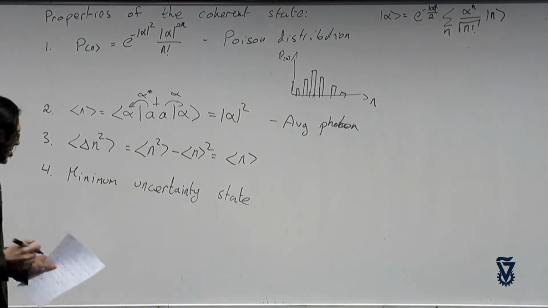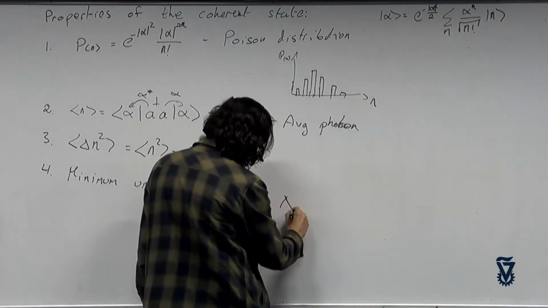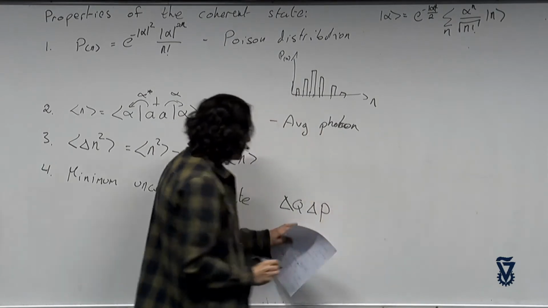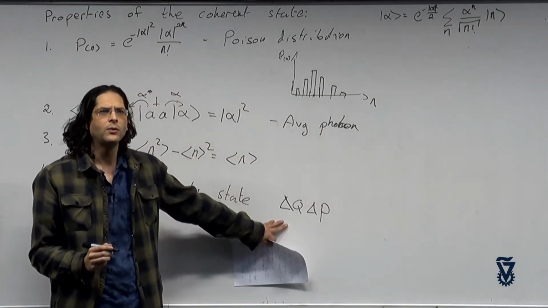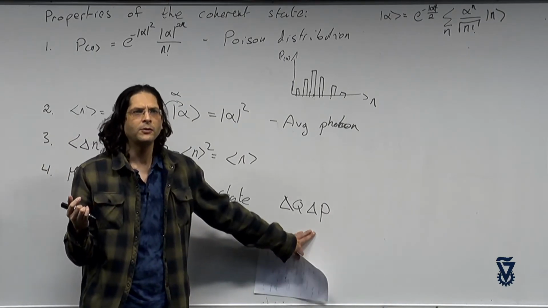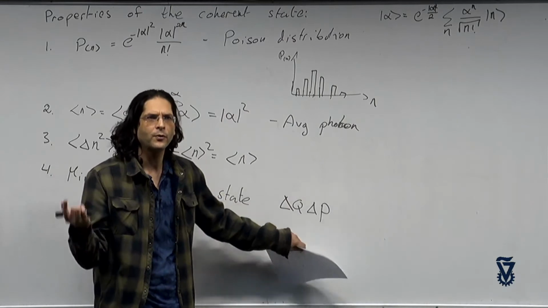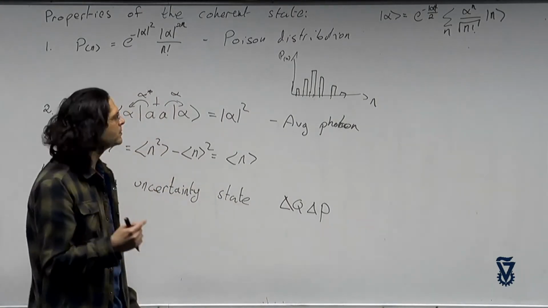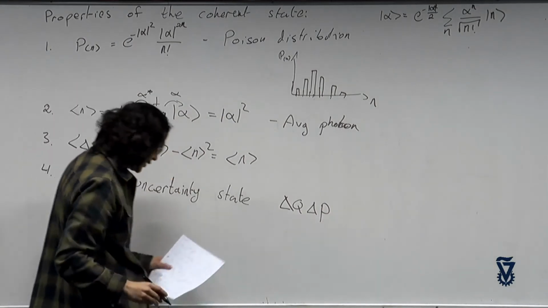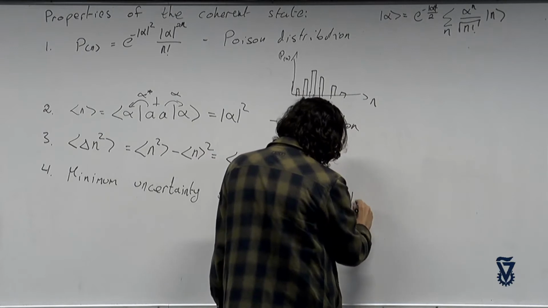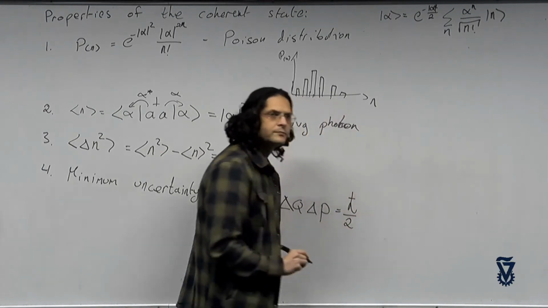Minimum uncertainty state just means that if we calculate delta Q, delta P, remember last week we defined Q as the position operator, and P was the momentum operator for the electromagnetic field. I gave you the explicit expressions in terms of the raising and lowering operators. And if you calculate this, you will get h bar over 2.